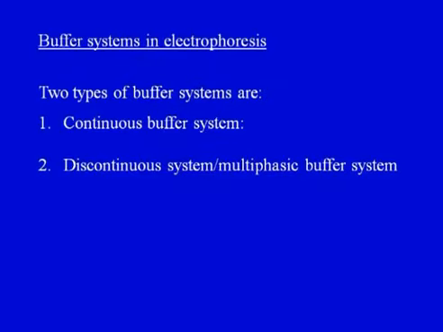So, we will continue our discussion on electrophoresis and extend our discussion from where we left off. If you could recall, we left at vertical and horizontal gel electrophoresis. Now, there are different kinds of buffer systems which are utilized in electrophoresis.